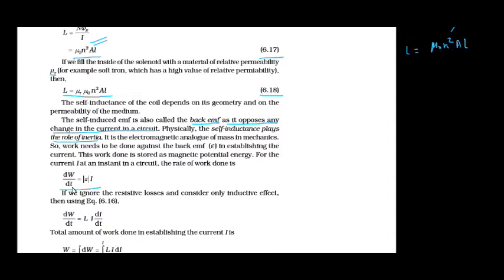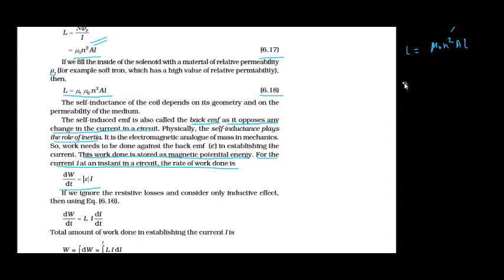How come this dW by dt is equal to that? Because the work done is stored as magnetic potential energy. For the current I at an instant in the circuit, the rate of work done is power.